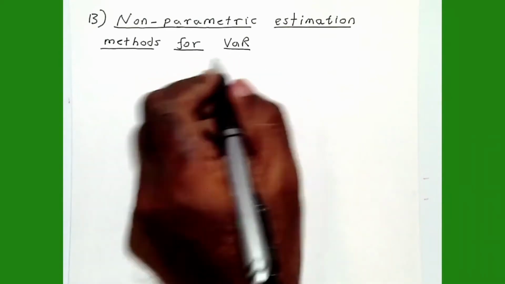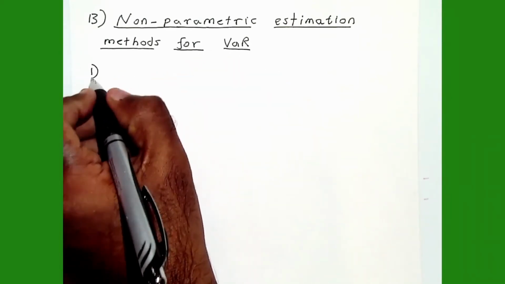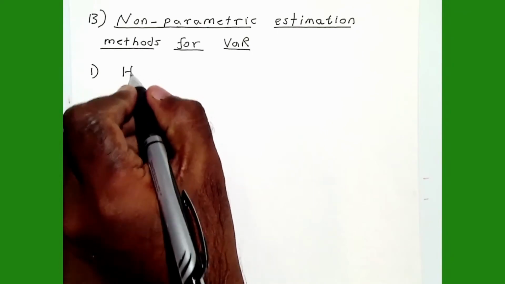I will consider 4 different methods. Start with the first one, which is called the historical method.